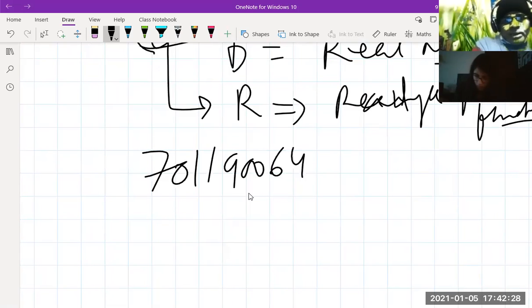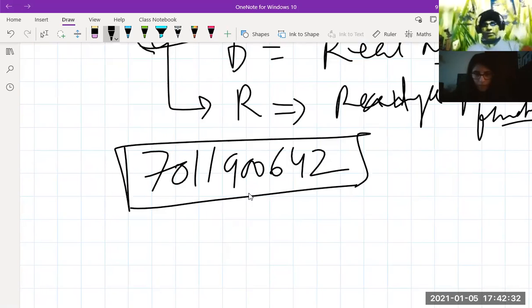7011 900 642. My name is D Thakur, people know me as Dev Sir. My friends call me Dev Sir. I have been teaching for the last 26, 27 years. 15 years in public school. You must be knowing Don Bosco in Delhi, Alaknanda branch. I taught around 10 to 11 years at Alaknanda Don Bosco, and then Lakshman Public School, Mohyal Public School.